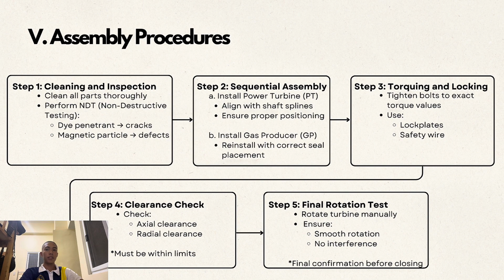Unlike the GP section, the PT section operates at lower speeds but handles the high torque required to drive the gearbox. Ensure the internal lines are lubricated with the approved anti-seize compound.